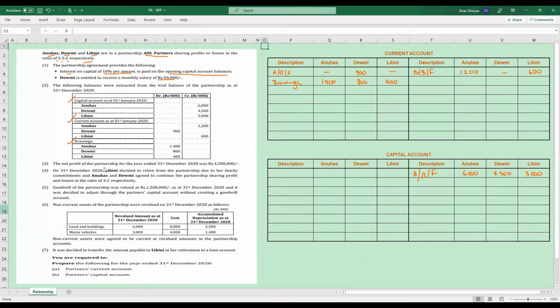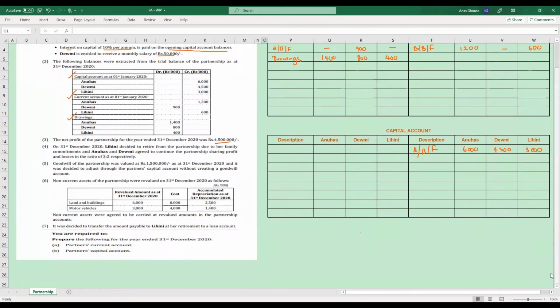The net profit for the partnership for the year ended 31st December 2020 was 4.5 million. Now you are given the net profit. So what we need to calculate is the net profit for appropriation, to distribute the remaining profit to the partners.